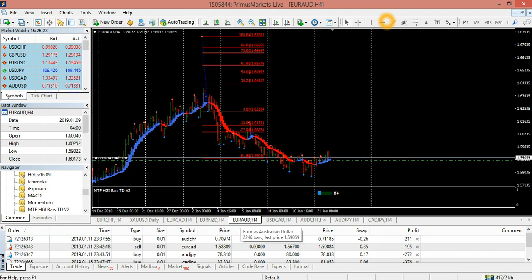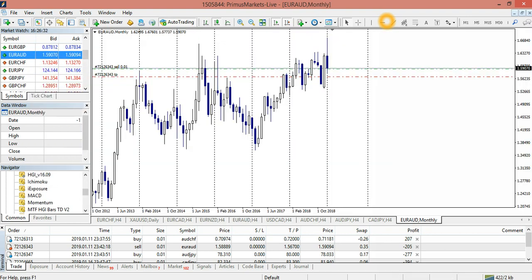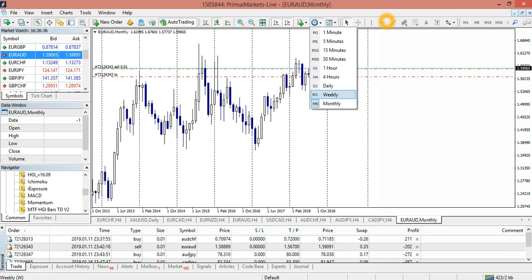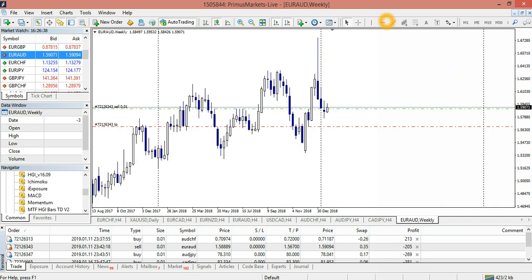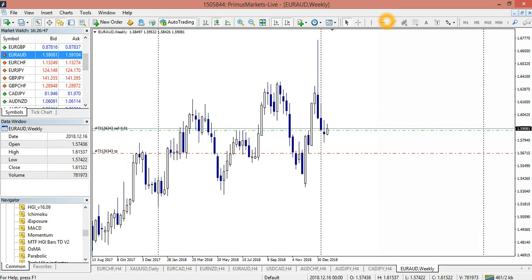I don't know what is happening with that, so I am going to go to the euro versus Australian dollar. I think I have it here, but let me just bring up a new chart here, because I never liked what that one is showing, so I'm going to have to use this one. If I go to the weekly chart, if you take off the terminal, this one will show it better.